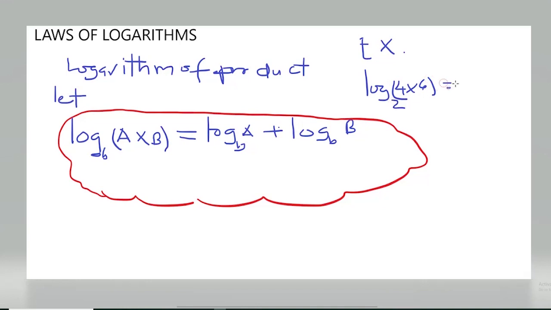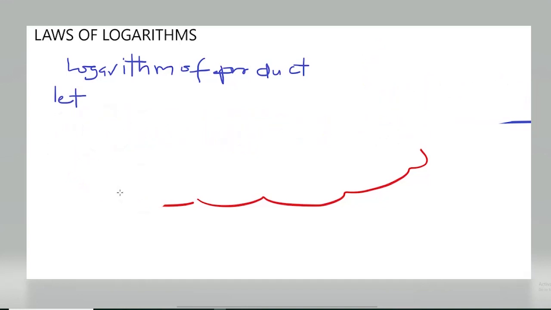This can be written as logarithm of 4 to base 2, plus logarithm of 6 to base 2. This is how you can express that format. Since I've already given you the general formula, I hope we can proceed.